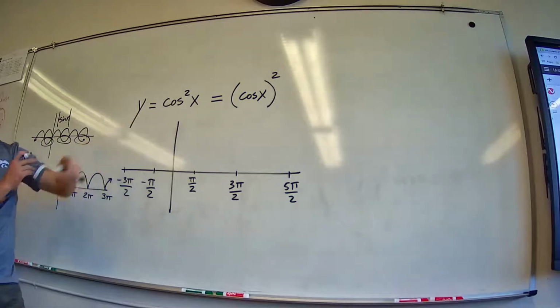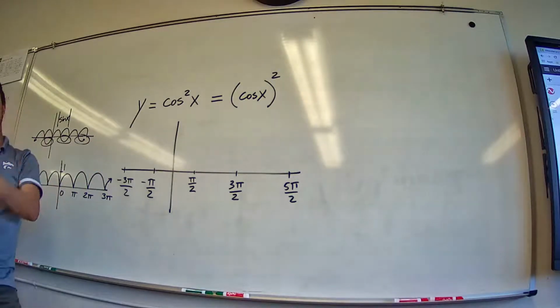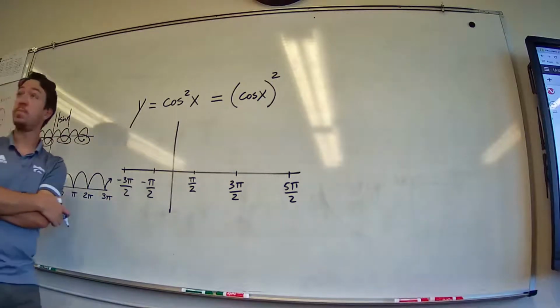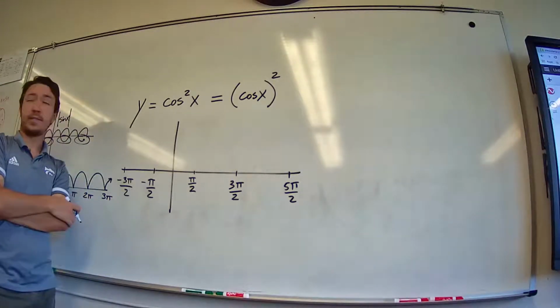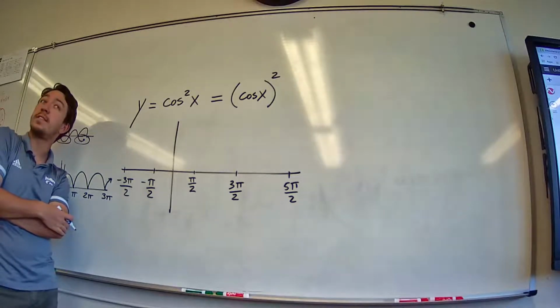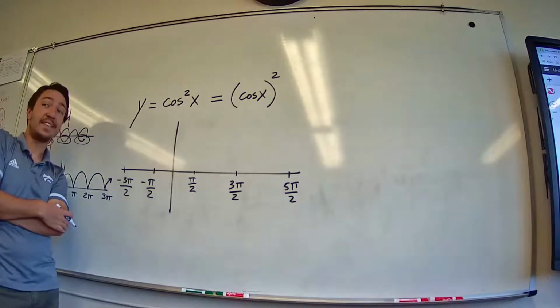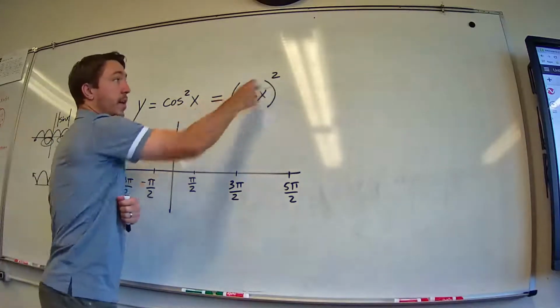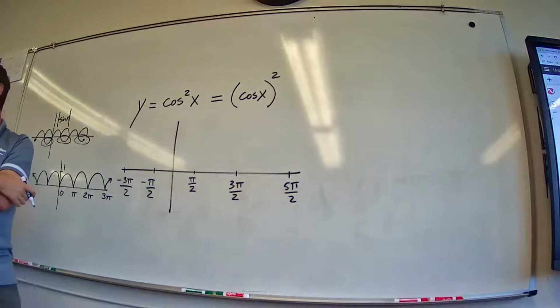This graph is not going to have any... True. Yep. What else? It's not going to have any points with negative y values, right? Because you're squaring all of your numbers.